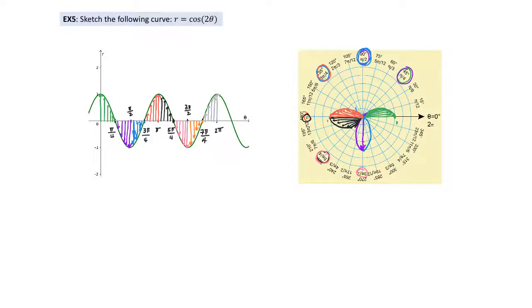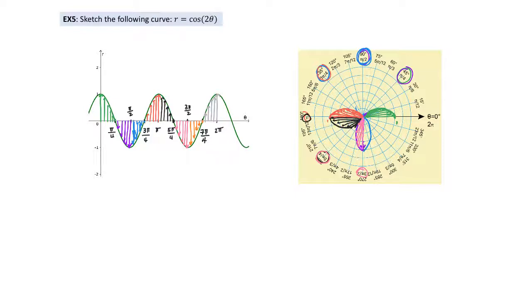I am going to sketch this as if r was positive, but then we're going to reflect about the origin. So from 0 to 1, we are going to start drawing those rays. Here is the pole, and the rays are always originating from the pole, and they're getting larger and larger.